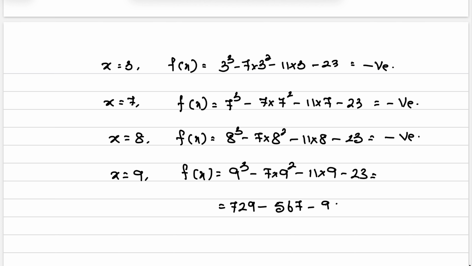Minus 11 into 9 is 99, minus 23. What is its value? 729 minus 567 minus 99 minus 23 is equal to 40. That is positive. You please see.